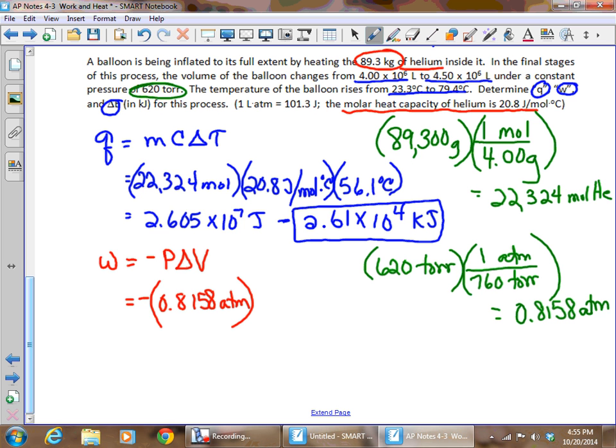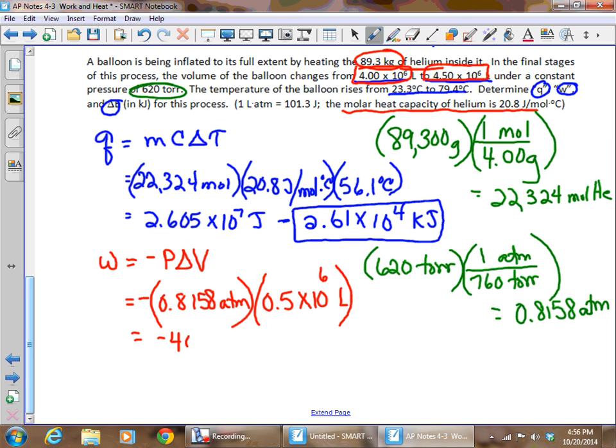So if you do final minus initial, 4.50 minus 4, you're going to get 0.5 times 10 to the 6th. This isn't an answer, so there's no reason why we can't plug this into our calculator and avoid making a stupid mistake. So I'm going to say 0.5 times 10 to the 6th for our change in volume, final minus initial.